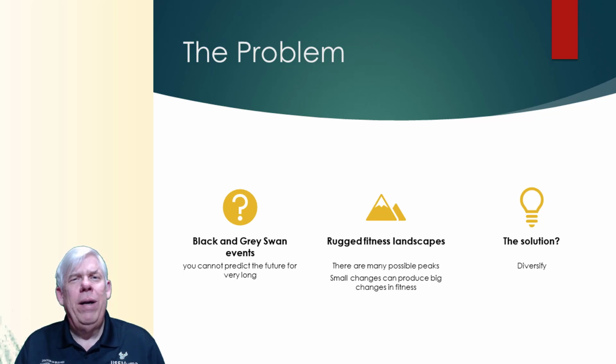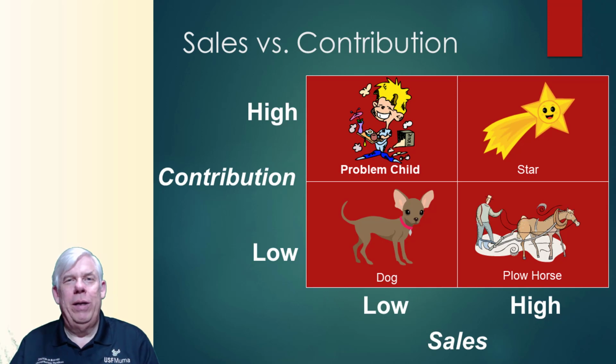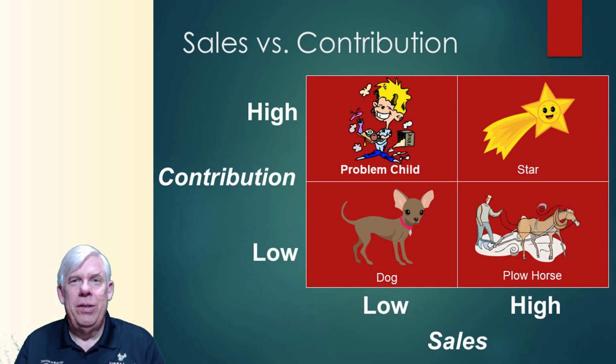So, if we're going to address environments like that, one of the things that we need to do is diversify in a way that makes us more resilient to changes in the environment without eliminating the possibility of profitability through efficient systems. An example of a portfolio model that looks a lot like the BCG Matrix, but actually has different axes, is the sales versus contribution model.